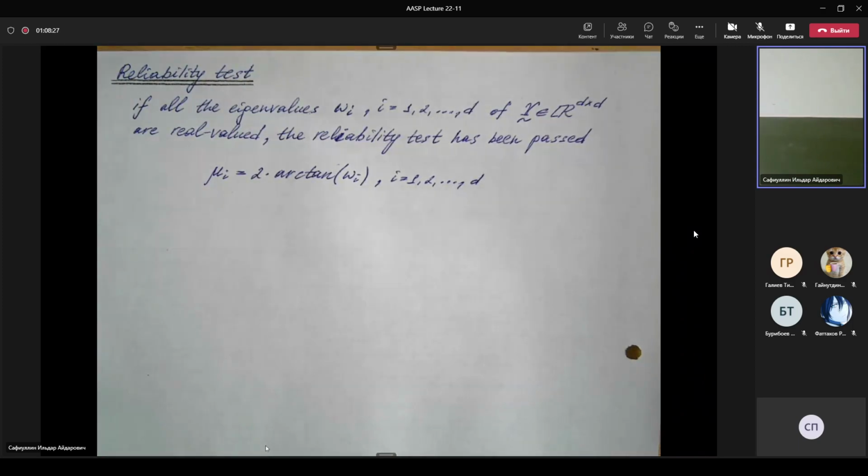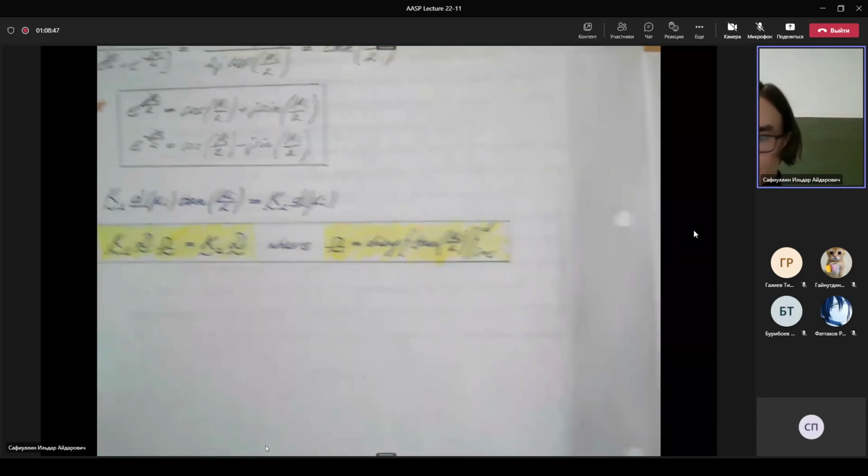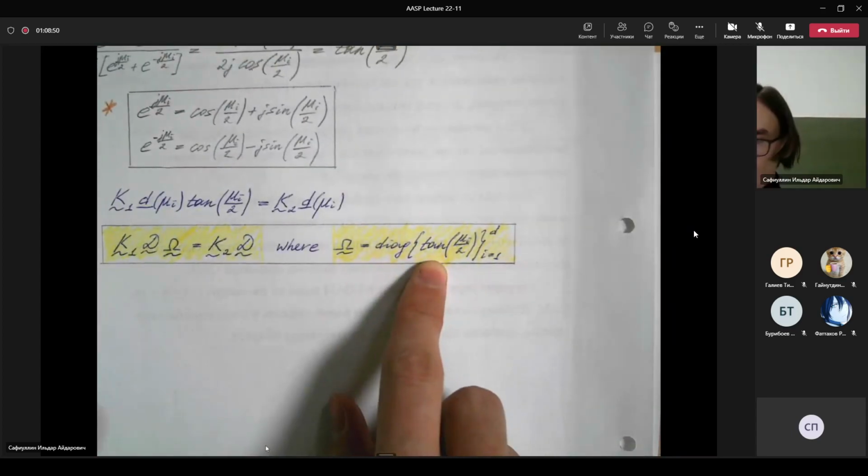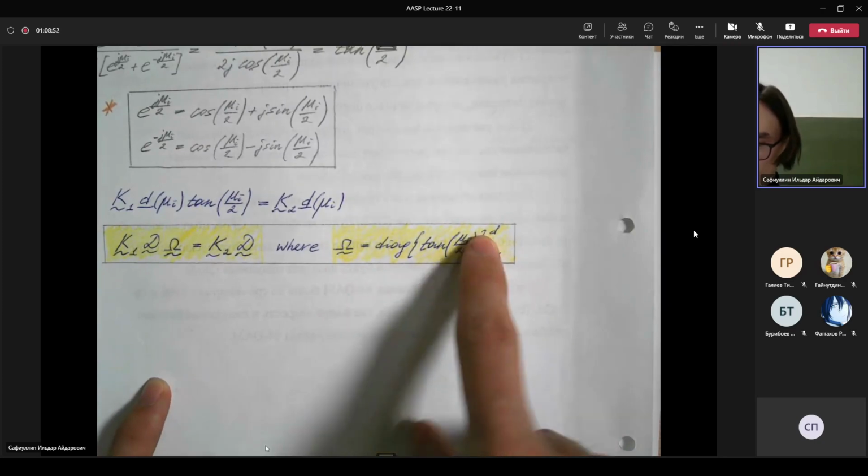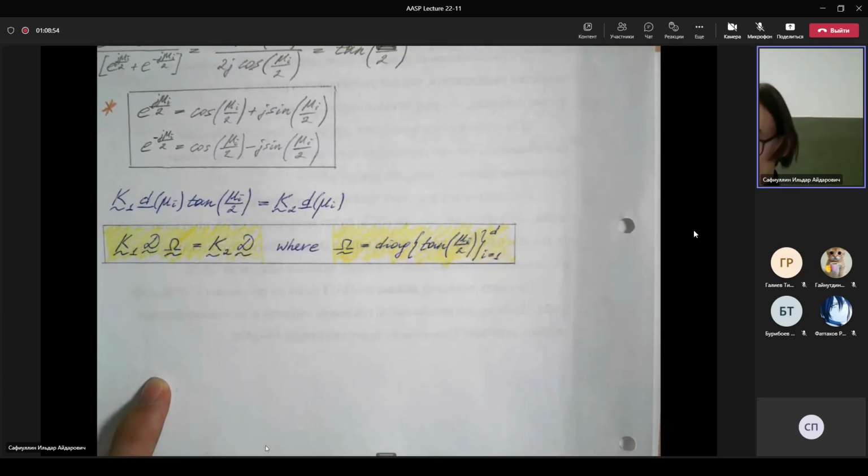Because here we have tangent of mu sub i over 2.